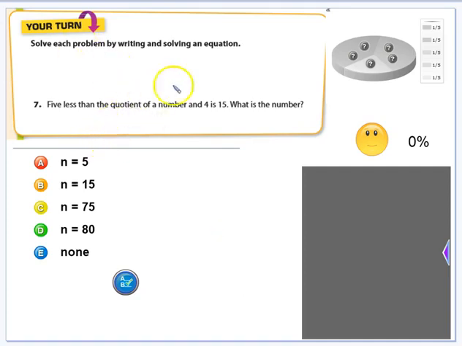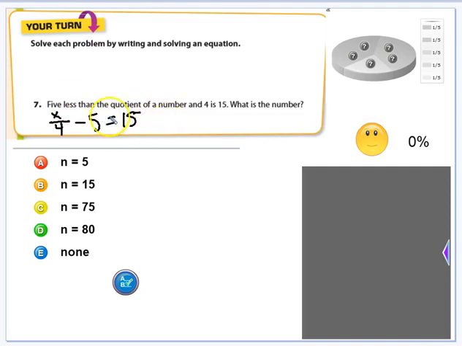So I'm going to get the quotient of a number and 4. The quotient, that means division. So a number goes on top because it's mentioned first. So x over 4, and then 5 less than that. So minus 5 equals 15.